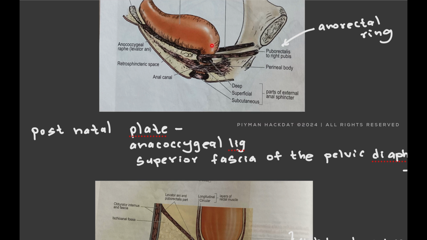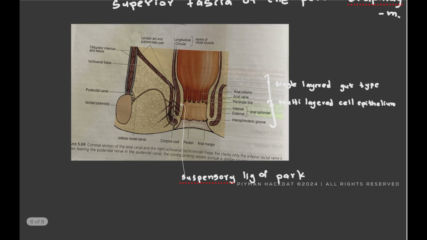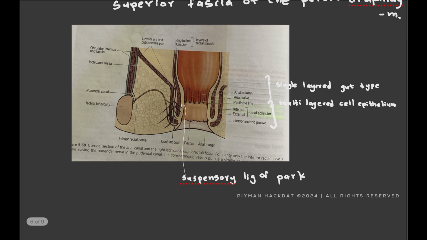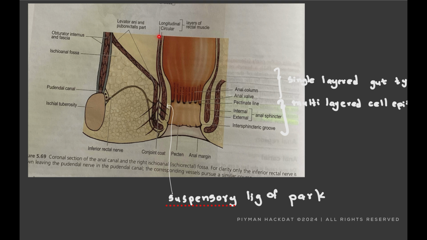You can't see it here, but it's around this area. So that area is known as the postanal plate. So here is a much clearer diagram of the anal canal. You can see the outer longitudinal muscle layer, which turns into the conjoint longitudinal coat, and the inner circular muscle layer.